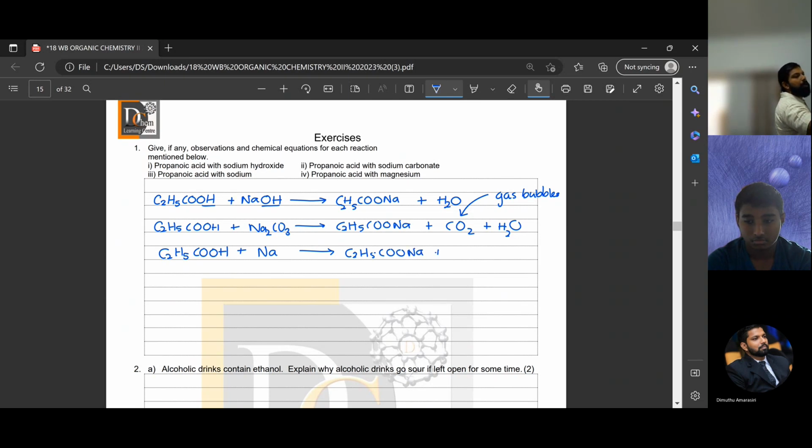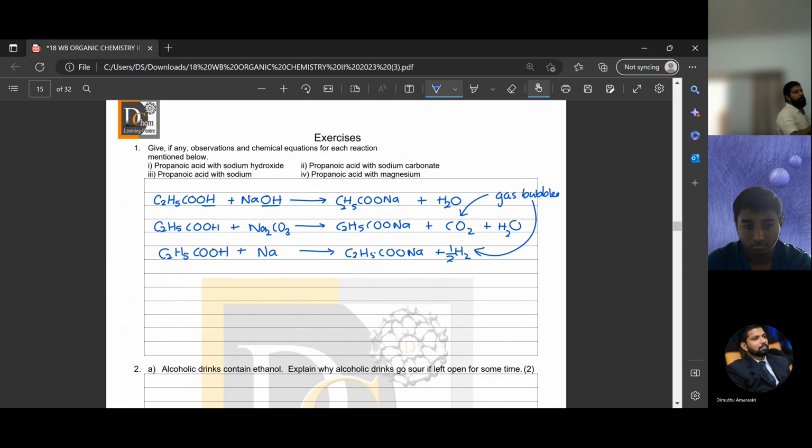So you get C2H5COONa plus hydrogen gas, so it's half. Again, the observation is gas bubbles. Not only that, solid sodium is an insoluble solid, and it gets dissolved when the reaction happens.